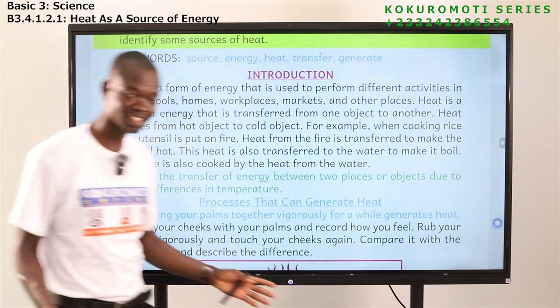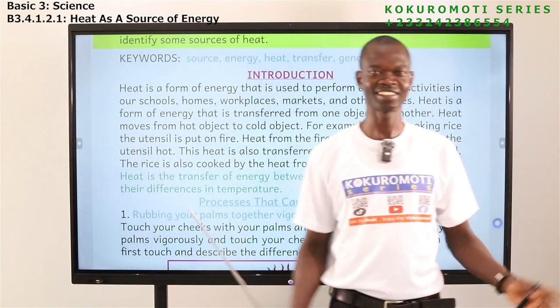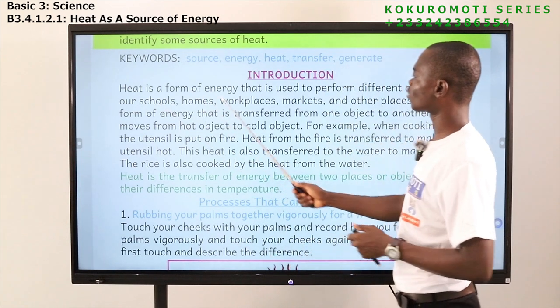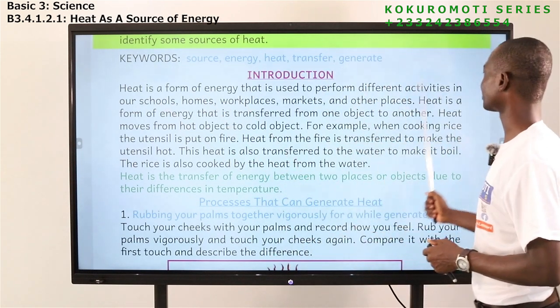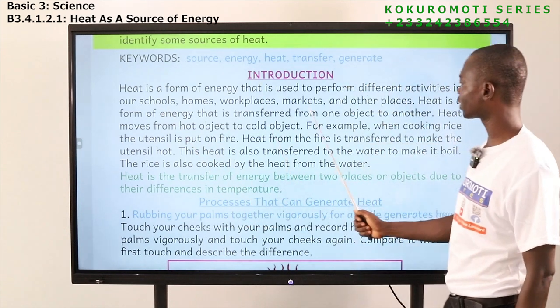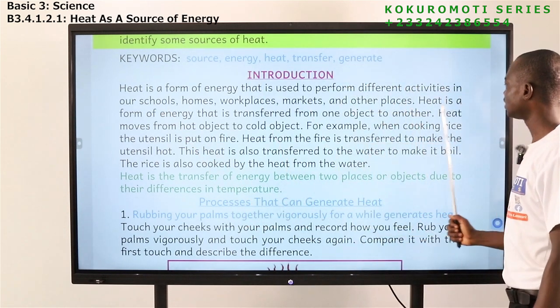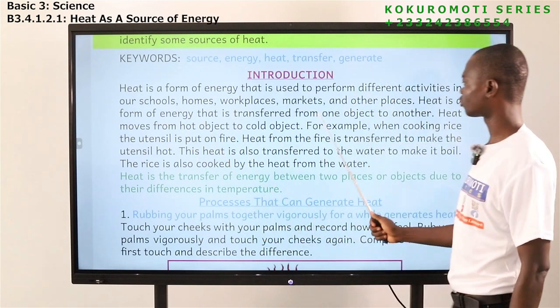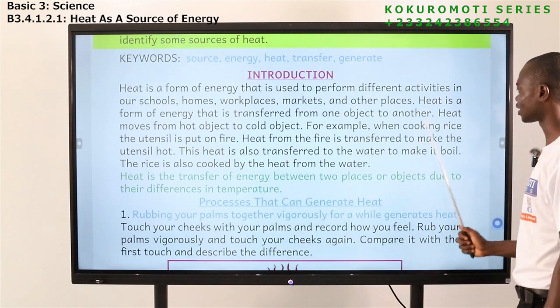I told you that today's lesson is about heat. Now, let's continue. Heat is a form of energy that is used to perform different activities in our schools, homes, workplaces, markets, and other places. Heat is a form of energy that is transferred from one object to another.